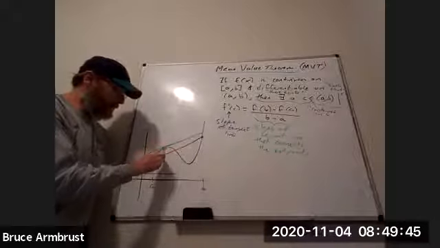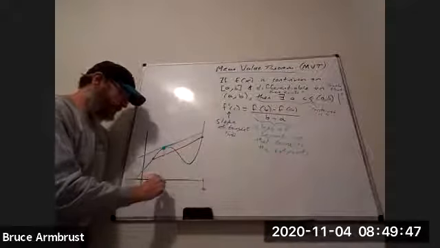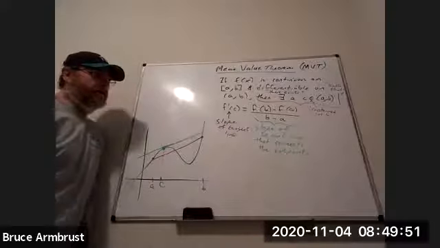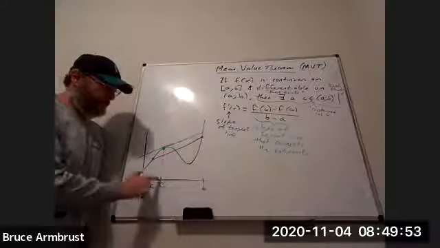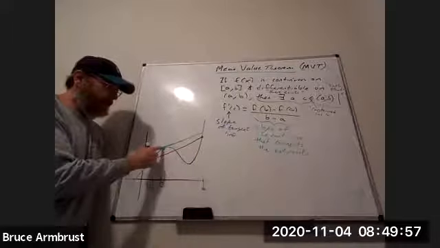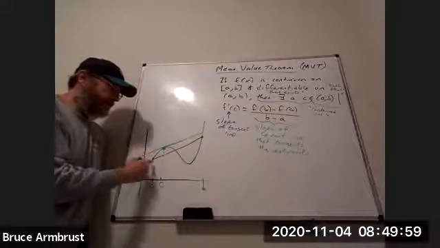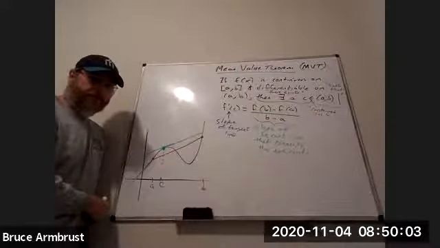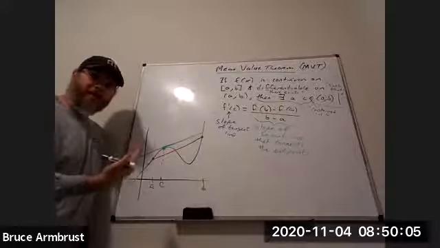This would be a C that makes that happen, right? So here is a point somewhere in the interval AB where we get a tangent line that has the same slope as the secant line. Hopefully you can see that.